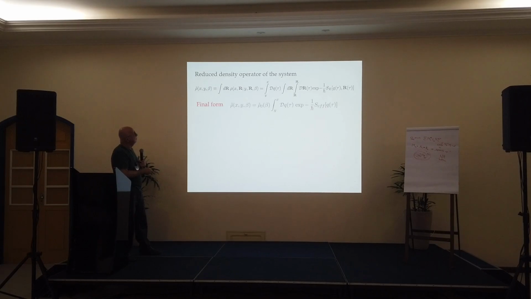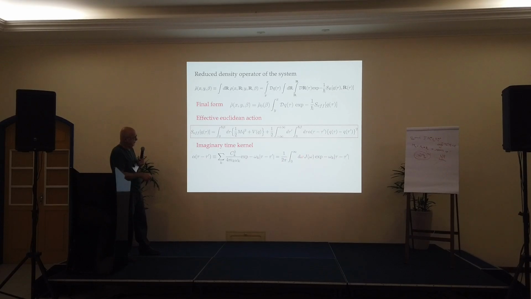Now, when you do that, we have a final form, which is the path integral over this coordinate in imaginary time and an effective action. And this effective action is given by this expression. If I take this alpha here, it's just a replacement of all this summation by the integral over j of omega.